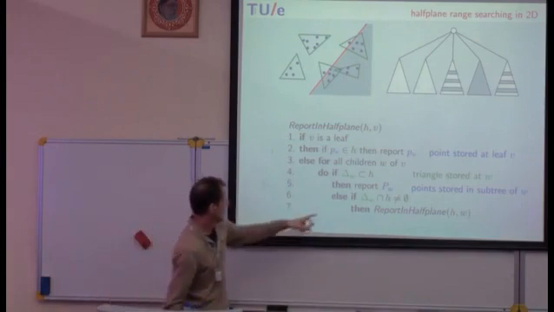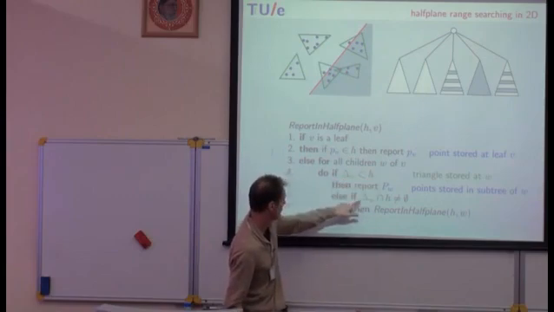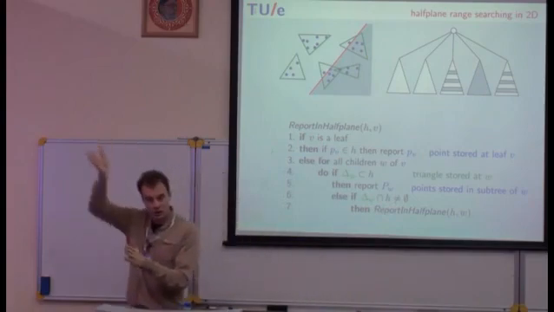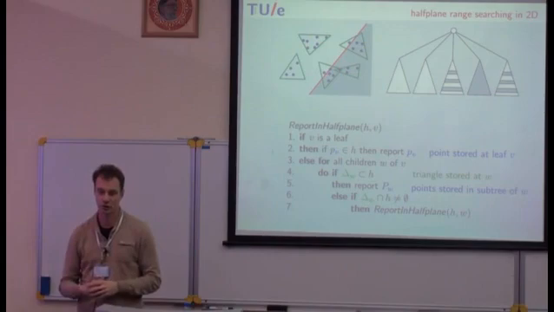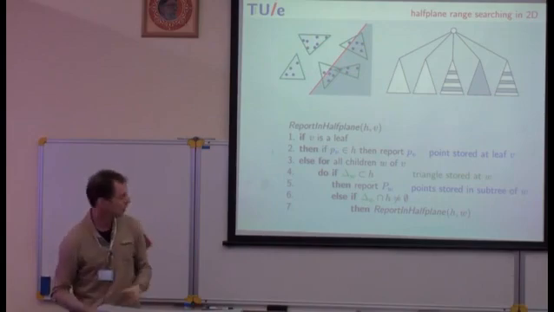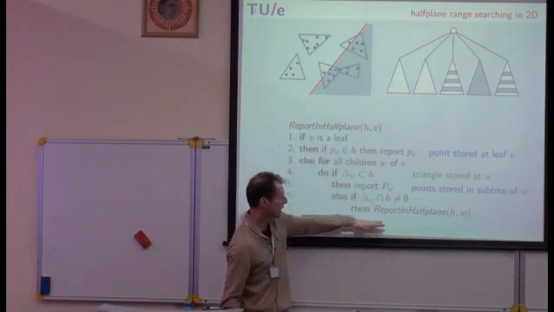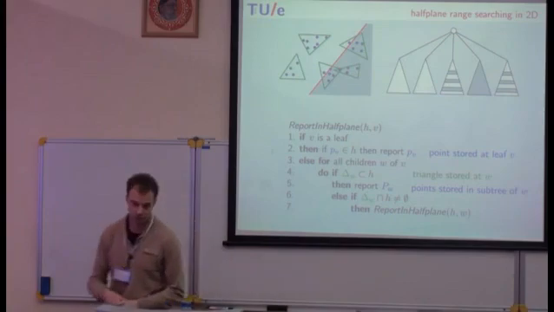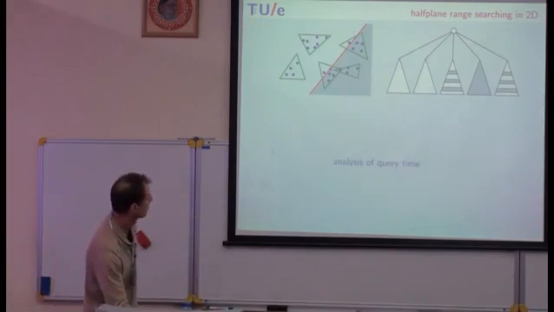Otherwise, if it's partially inside, so if the line intersects the triangle, then you go into recursion in that tree. And the third case is, if it's completely outside, then you don't have to do anything because it's not in the range. So this is fairly simple.